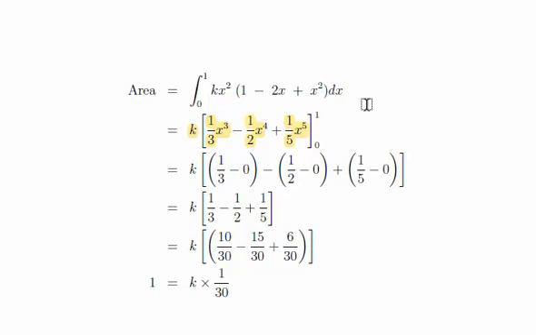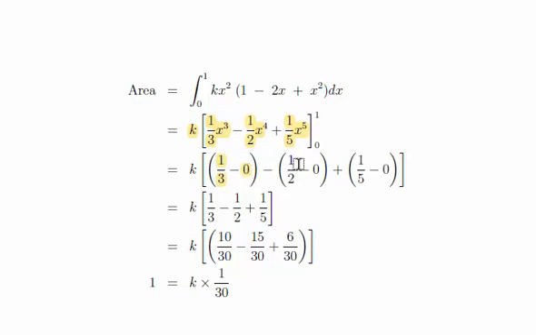Now this is a definite integral between 0 and 1. Essentially we evaluate each expression at 1 and 0 and get the difference. I've done it expression by expression here. So 1/3 of x cubed, when x is equal to 1, is 1/3, and when it's equal to 0, it's 0.